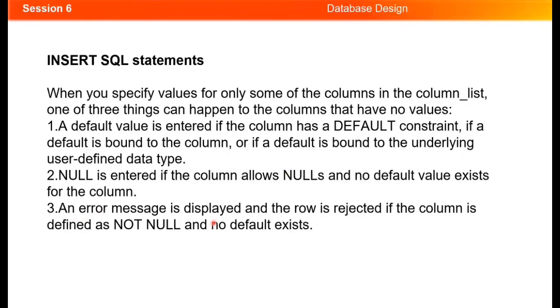An error message is displayed and the row is rejected if the column is not entered properly or is defined as not null, or if no default exists. Again, if an integer is entered incorrectly, say with a character that's not an integer, an error message will also be returned.